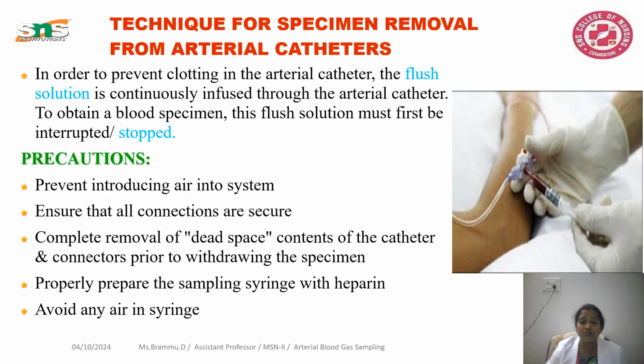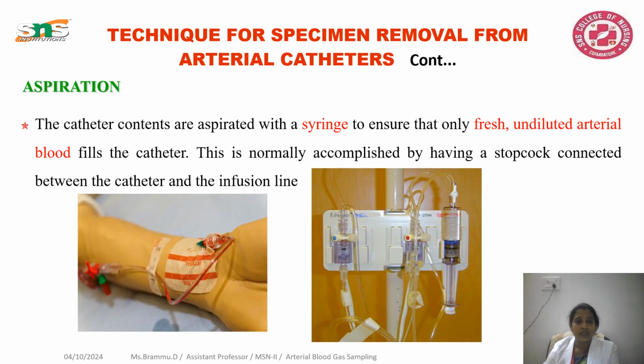If it enters the system, the patient may develop air embolism. If it enters the syringe, then the apparatus may get disturbed and you may have a faulty reading, or you may need to resample. So keep these precautions in mind before you start the procedure.